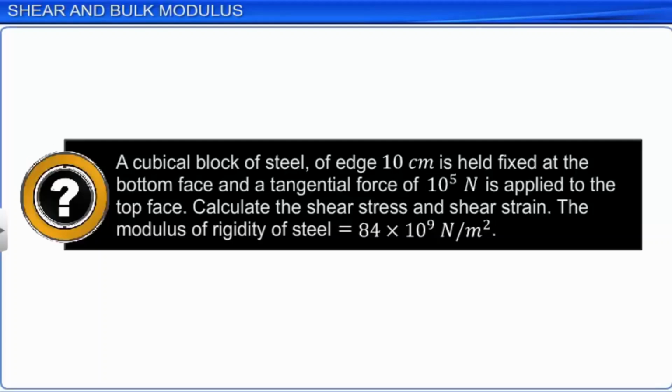The values given in the problem are the tangential force, the edge of the cube, and the modulus of rigidity. We calculate the area A of the face to which the tangential force is applied. Each face of the cube is a square, so the area would be equal to the length of the edge squared.